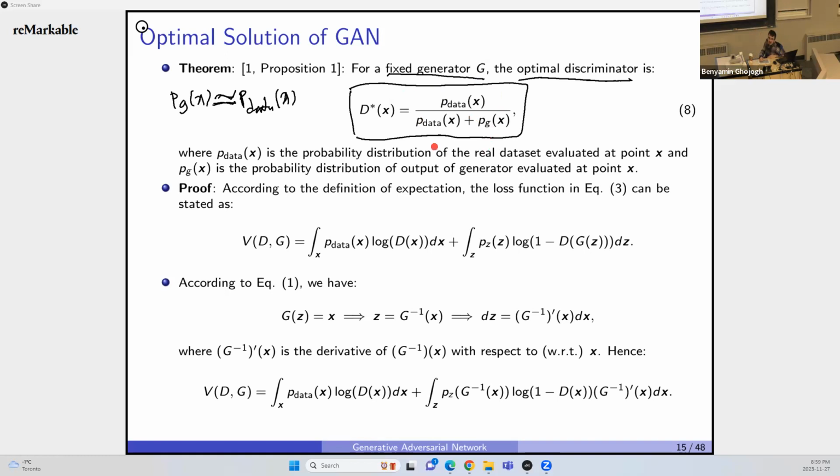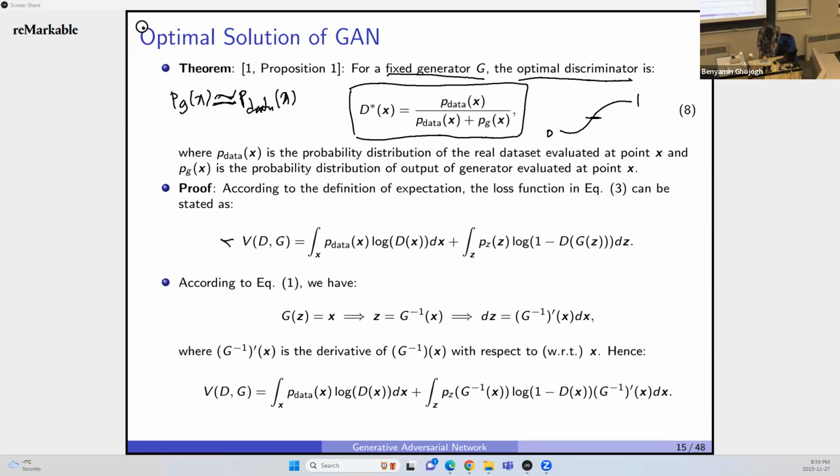What does it become? P_data over P_data plus P_data. That's half. The output of D is between 0 and 1: 1 means real, 0 means fake. When it outputs half, what does it mean? It's completely confused. For a perfect generator, the discriminator becomes confused. Makes sense. Now let's see the proof.